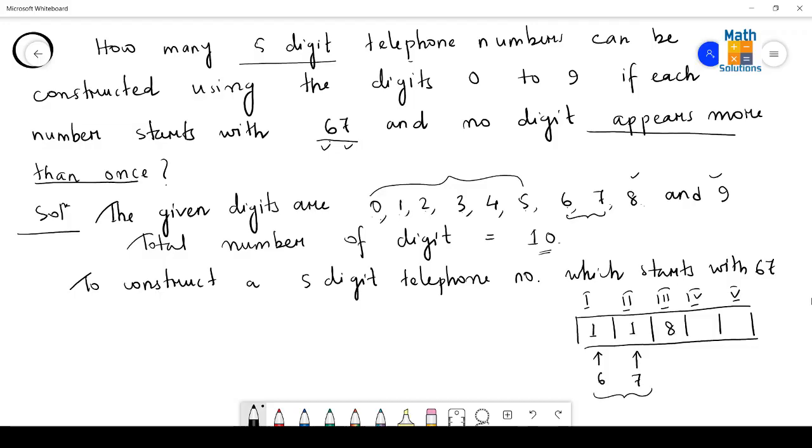For this place there are 7 options left, because from these 10 options we have to subtract these 3 options. I am going to put one more digit out of these 10 digits here. So 1, 2, 3. In total how many digits are already used up? 3 digits. So out of 10, how many options are left in our hand? Of course 7 options for this place.